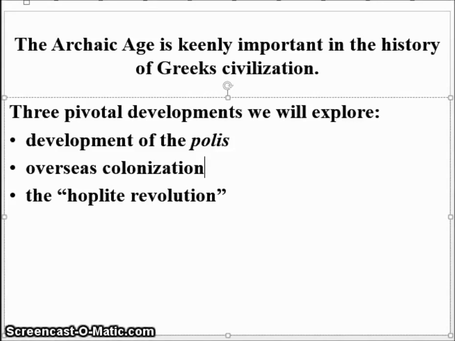And this hoplite revolution, as it has been termed, will broaden out political participation amongst the non-elite, the non-aristocratic elements. Those who represent the hoplite class will gain a real voice in the government of their city-states.